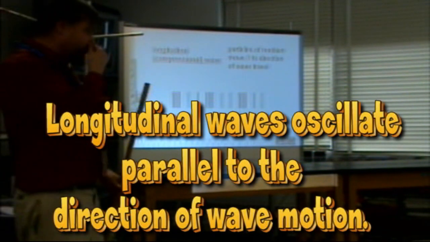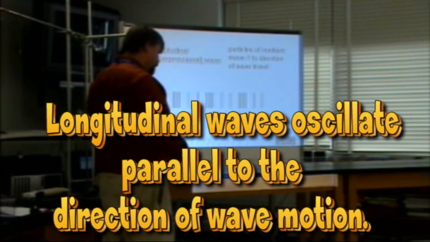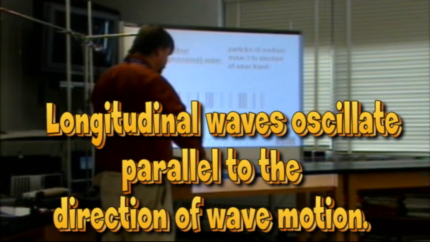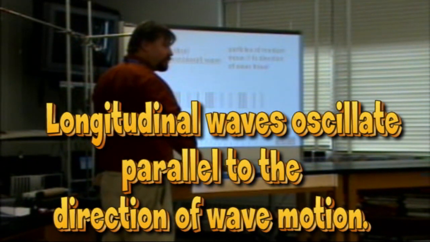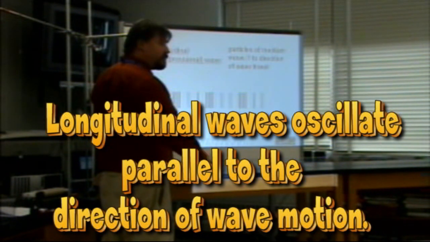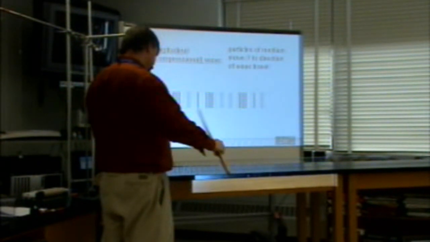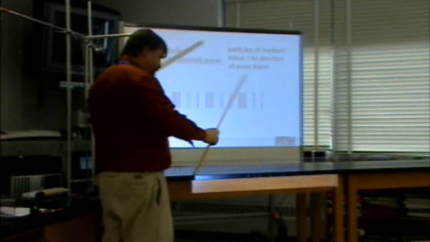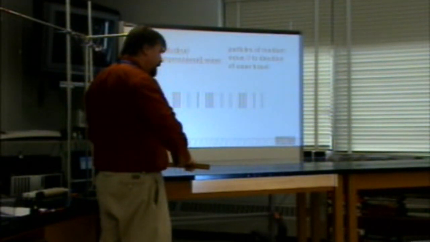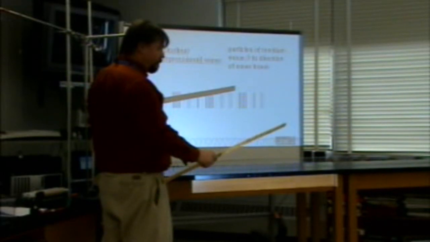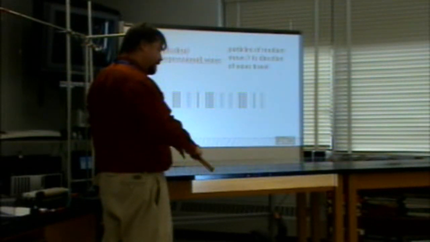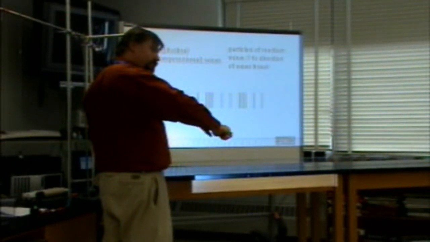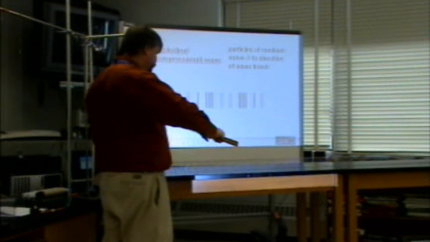All right, so longitudinal waves. Longitudinal waves are when the wave motion is in the same direction as the energy motion. So the energy travels from this end of the table to that end of the table, and my wave motion is also running parallel to the energy, the direction the energy is going in.